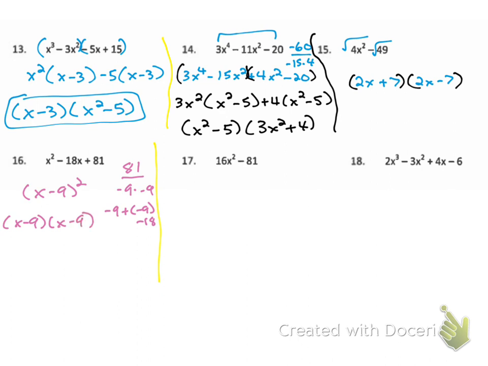You can write that either way. 17, subtraction sign in the middle, and I can take the square root of both terms. Square root of 16x squared is 4x. Square root of 81 is 9, plus 9 minus 9.